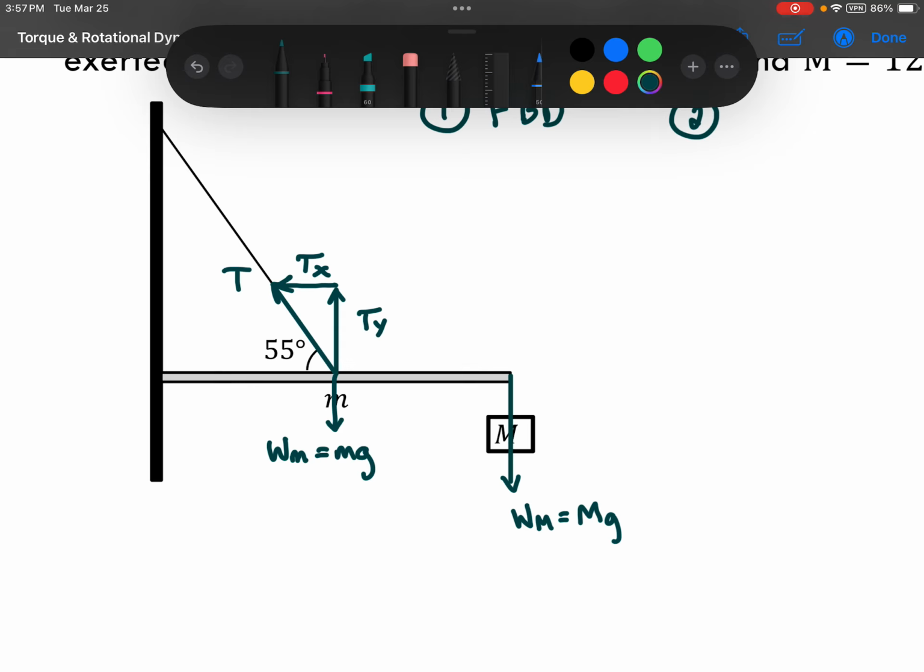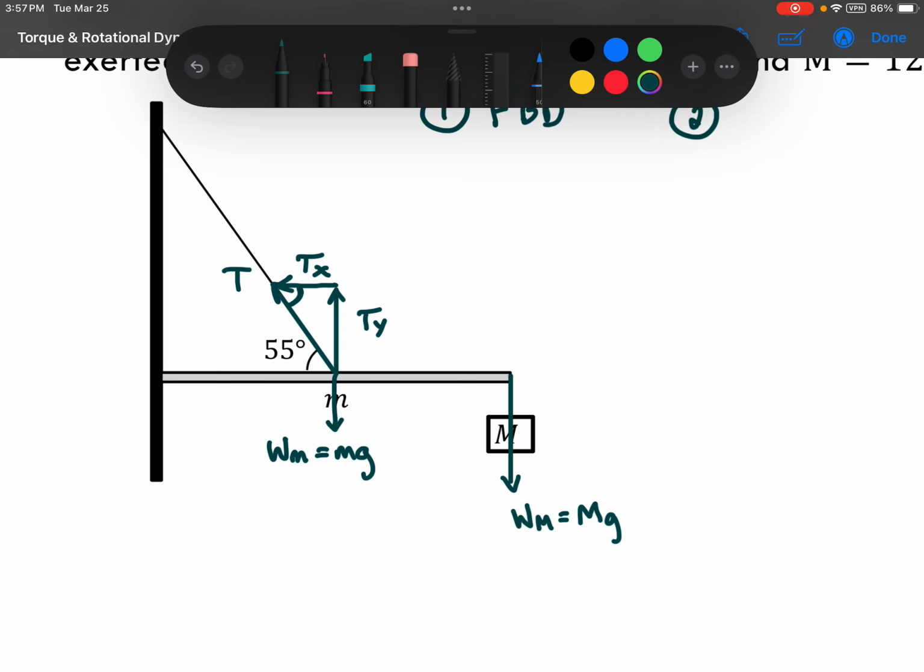And so that represents our tension. I guess I'll go ahead and just continue to look at the geometry here. They labeled the angle down below 55 degrees. Well, that means that this angle is also 55 degrees, or the angle in between T and Ty will be the complementary angle, or 90 minus 55, whichever way you want to consider that angle.